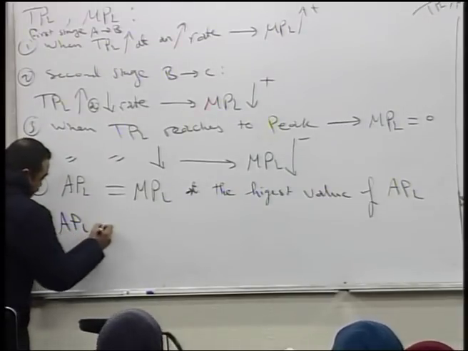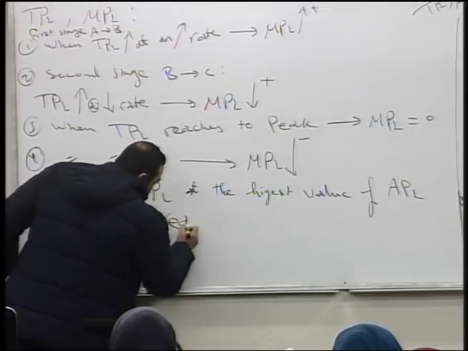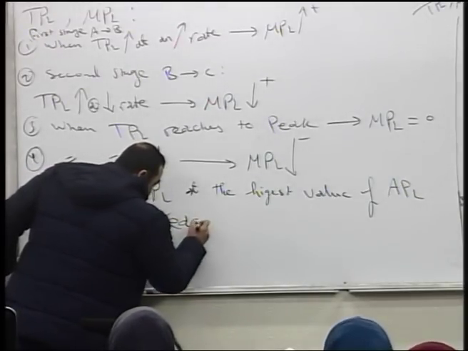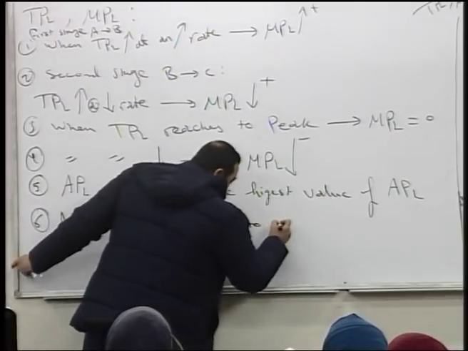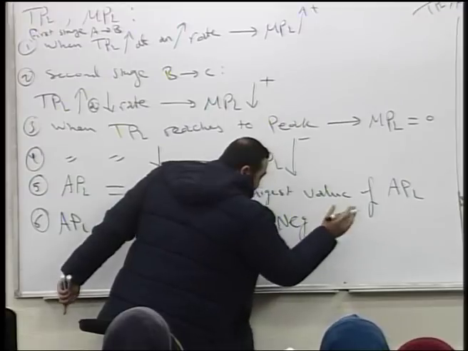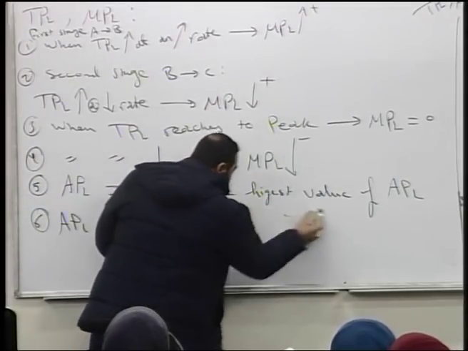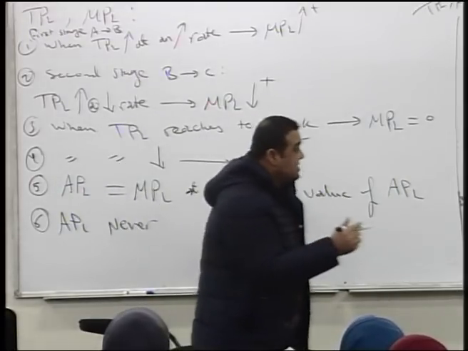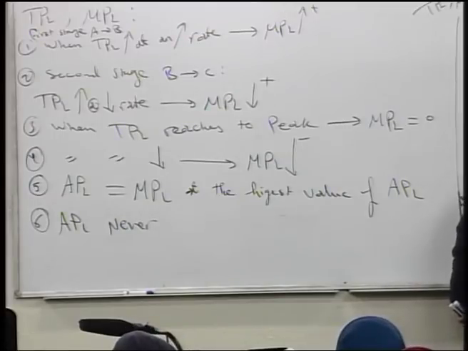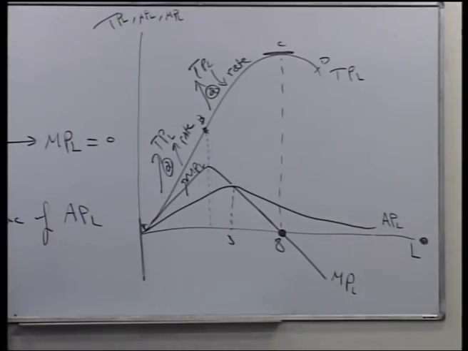APL never becomes less than zero, unless the total production of labor becomes zero, then APL will be zero. Right?